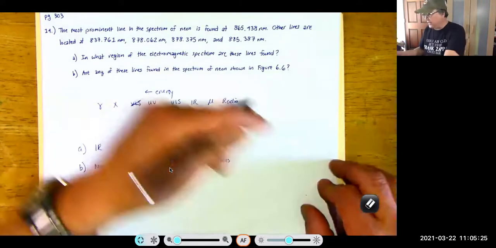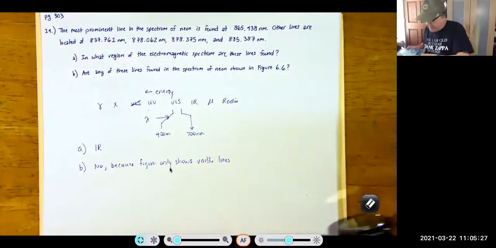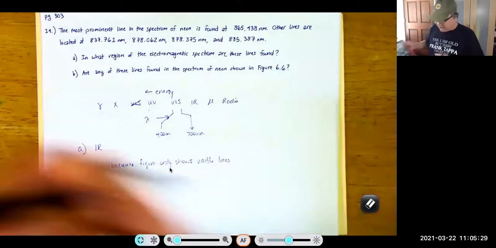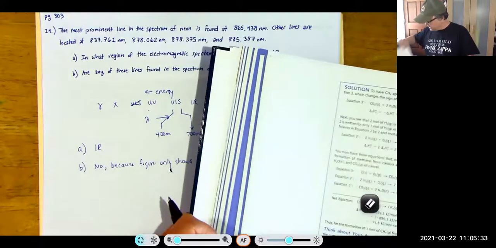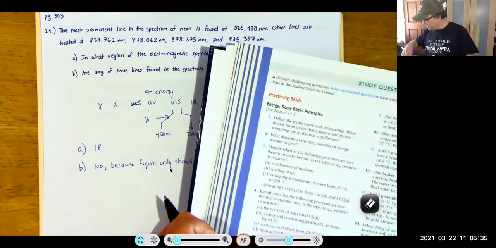So let's take a look at that 6.6 figure. And that's my guess, it only shows visible lines. So chapter 6, figure 6.6.